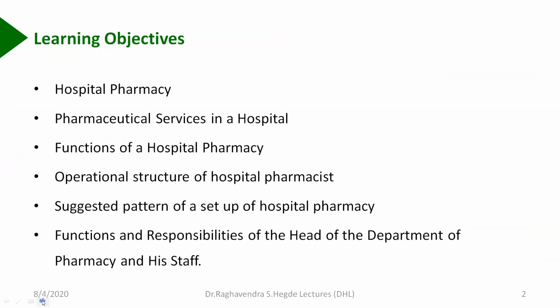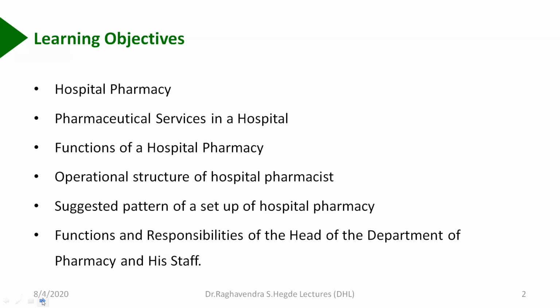The learning objectives of today's session are: upon completion of this lecture, you should understand what is hospital pharmacy, what are the different types of pharmaceutical services rendered by the hospital pharmacist, and what are the functions carried out by the hospital pharmacist.